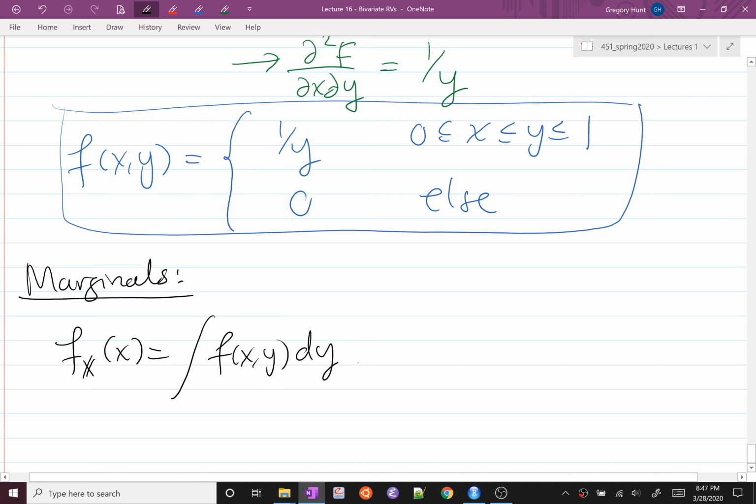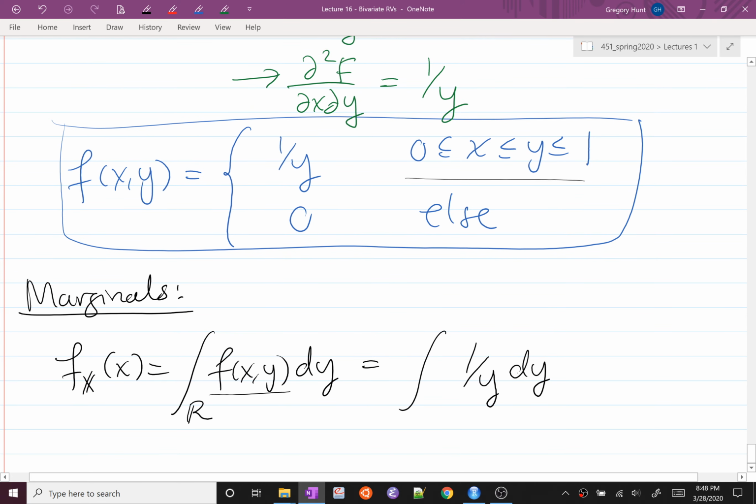And so I've got to look at the boundaries. But what are the boundaries that define how I want to do this? So my integral, I know my value is just 1 over y dy, and that's the joint PDF in this interval.